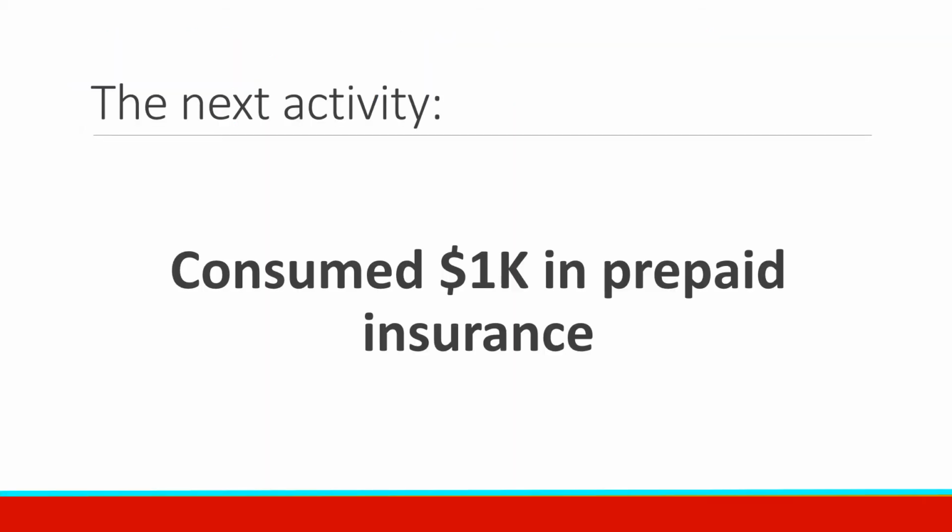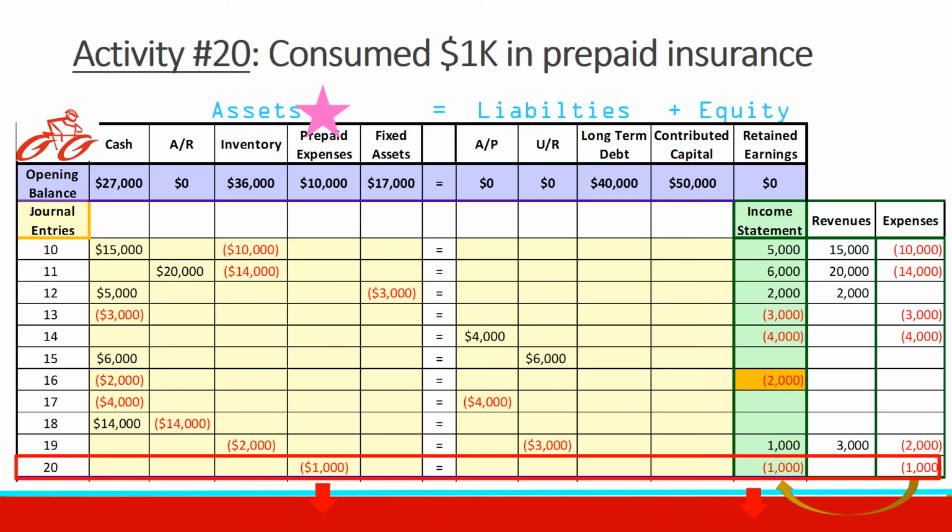Okay, now we're going to look at another activity. Last month, in November, we prepaid for an insurance contract. Now this month in December, we've benefited from that insurance contract. So we will have used up, consumed $1,000 worth of the prepaid insurance that we had.